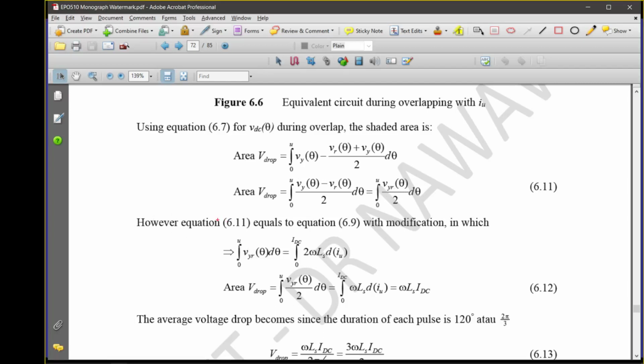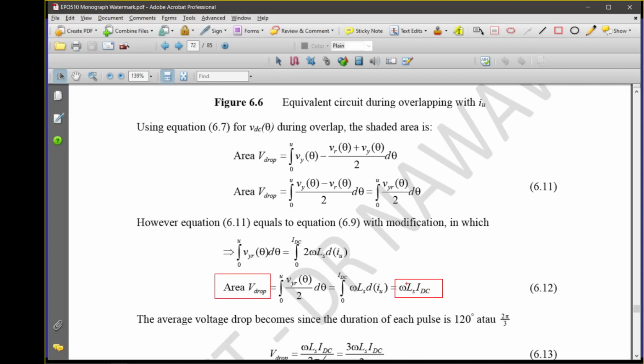If you refer to equations 6.1 and 6.9 just now, you can see that the integration of VYR from 0 to U equals 2 omega Ls IDC. And finally you find that the area of the voltage drop is omega Ls IDC.